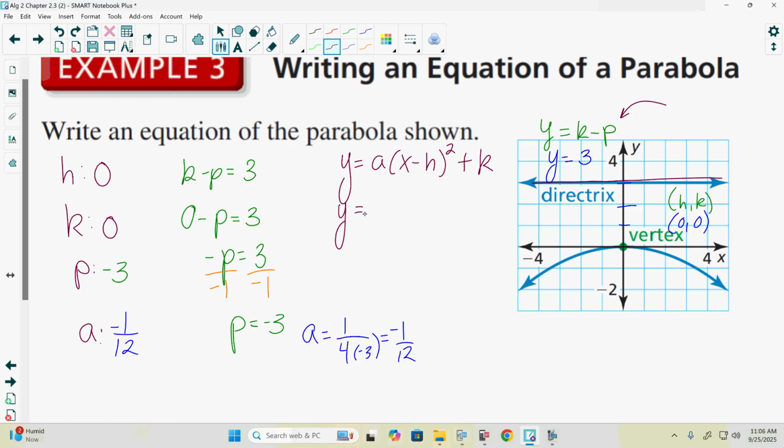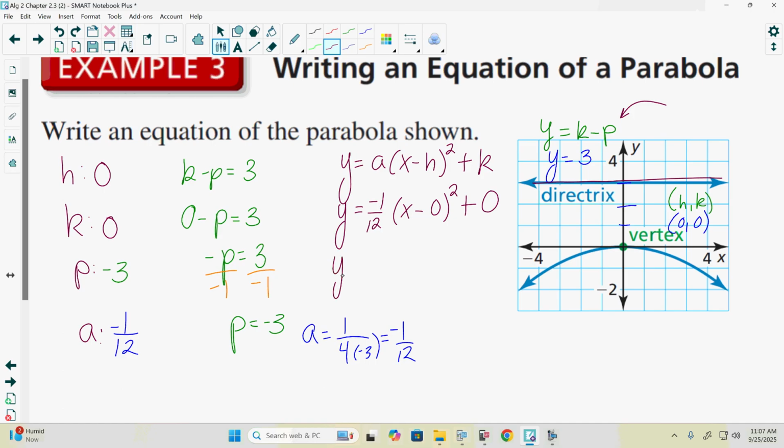Questions on how we found h, k, p, or a? So let's plug this in. We plug negative 1/12 in for a. x minus h is x minus 0, and k is 0, yes? Well, what is x minus 0? It's just x, yes?